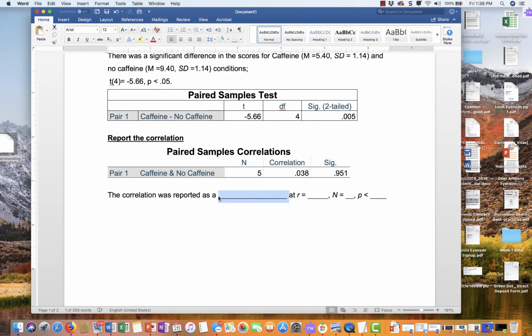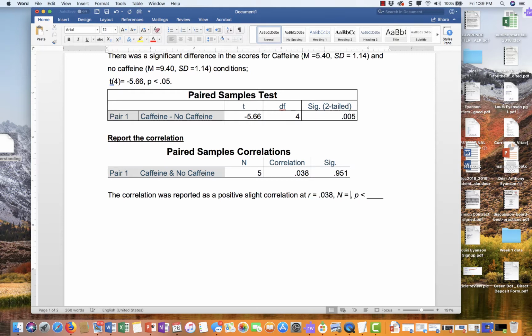So now we're going to take this and we're going to write positive slight correlation at R, which is your correlation number right here, which is 0.038.